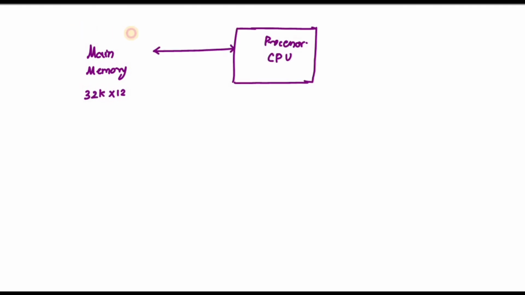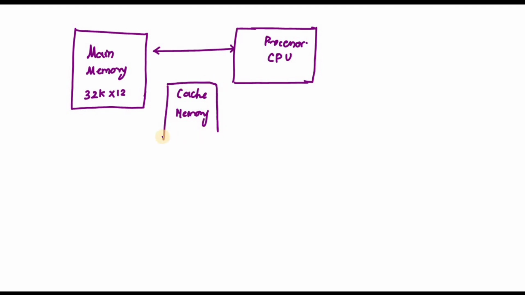Now we will discuss the diagram of the cache memory, how it will look. You can see I have a main memory of size 32K into 12, connected to a processor, generally the CPU, and in between I have a cache memory of size 512 into 12. Here 512 I can write as 2 power 9 into 12.